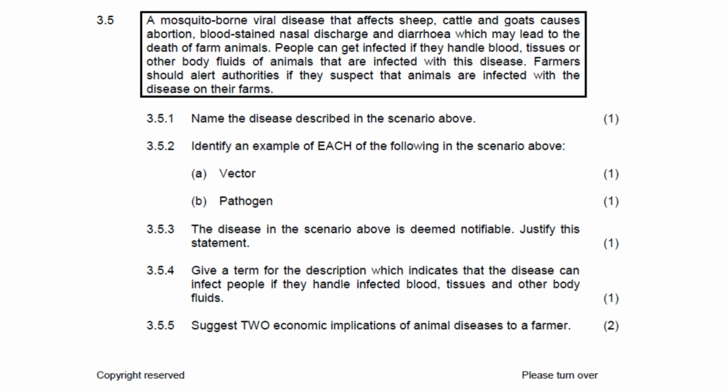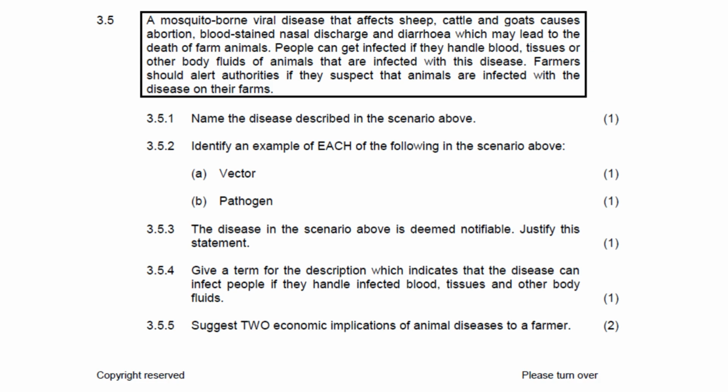So, two economic implications of animal diseases. What could those be? One of them could be the loss of income, because if you lose livestock as a farmer, this can reduce the productivity and also the income in the farm.